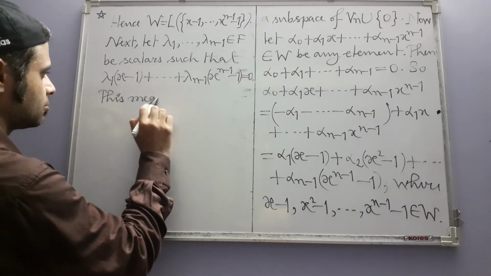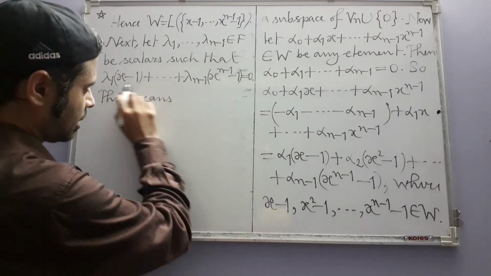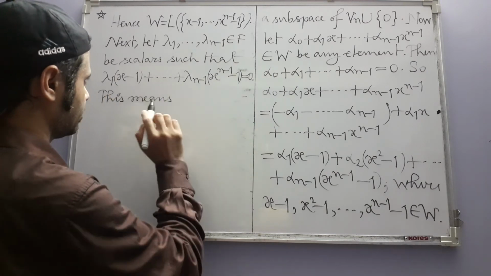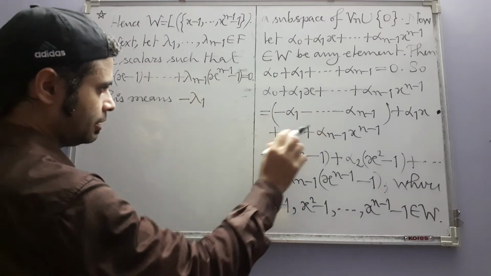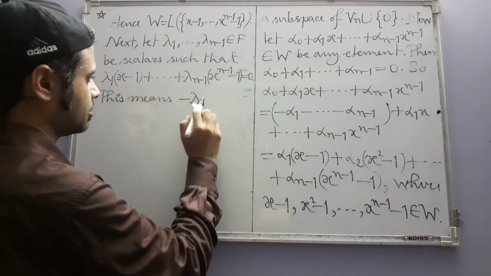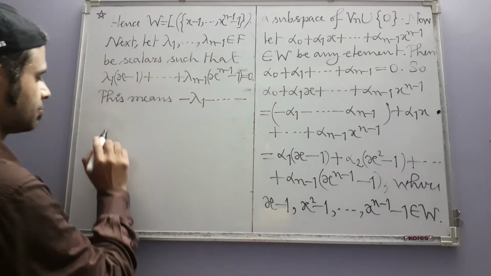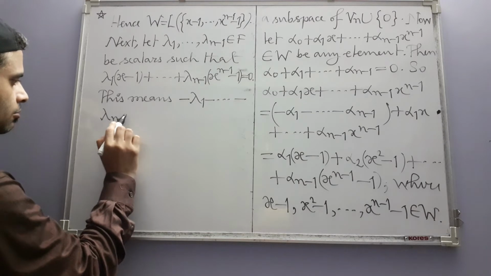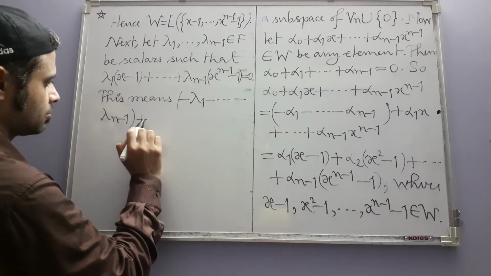This means, okay, now we can of course write this same equation also like this, minus lambda 1. So whatever we did here, we are now doing the back calculation. Plus.